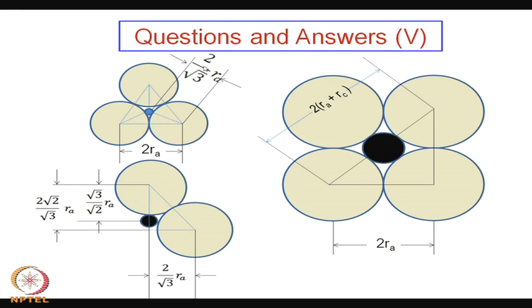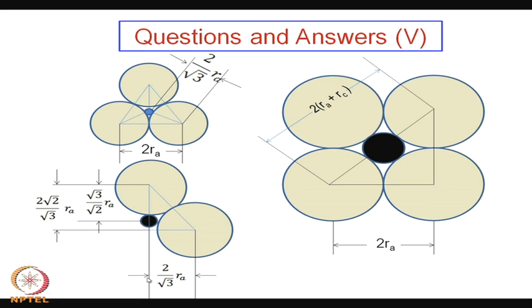So, you will find this is 2 by root 3 RA, and the details are given in the next slide. How it has been calculated is quite simple, basic solid geometry. This is your 2 by root 3 RA, and this is the vertical section: this is the apex, and these are the base anions, and one of the base anions and the apex anion, the highest point.